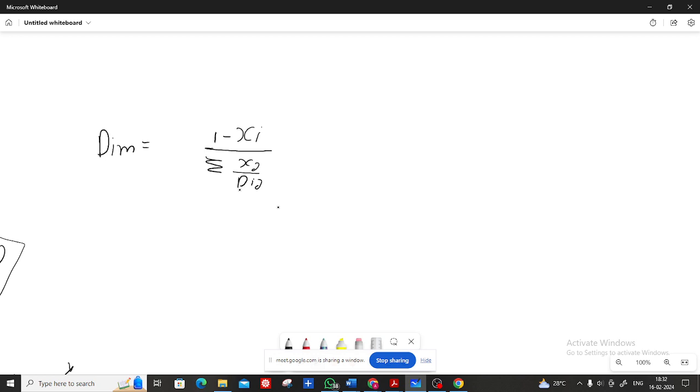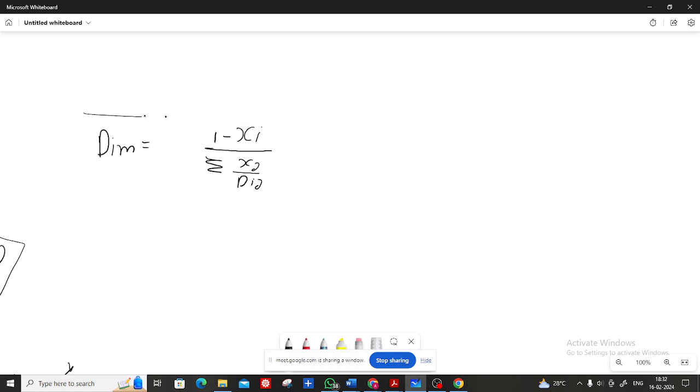This is the diffusion coefficient of species i in species j, and this is the mole fraction of species i, and suppose J number of species are there, excluding species i, summation of xj upon Dij. This is how you will calculate the diffusion coefficient.